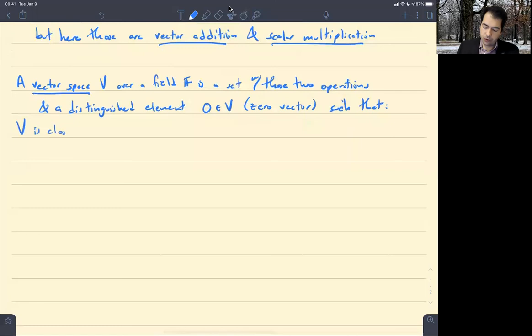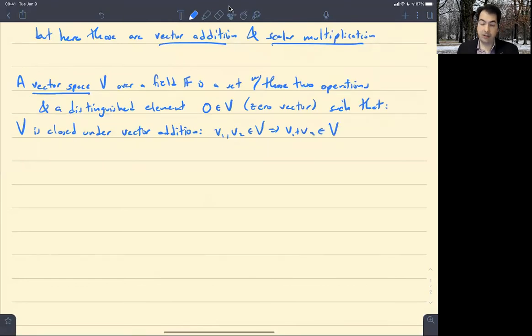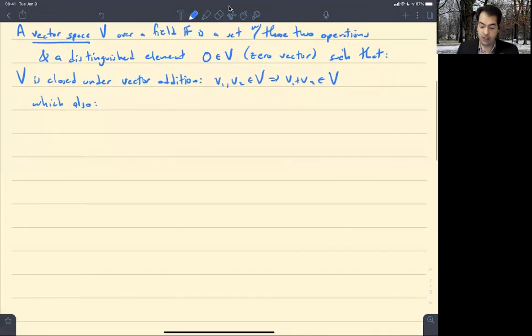So first, of course, V is closed under vector addition, which just means that if I give you two vectors in V and you add them together, you get another vector in V. Here are the properties of vector addition. It is associative.